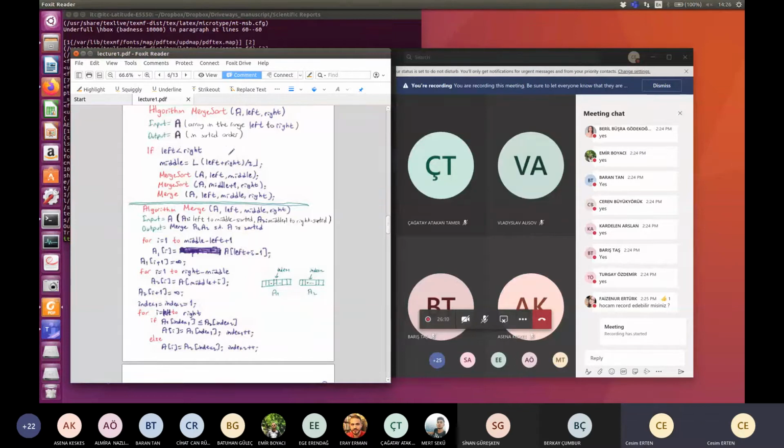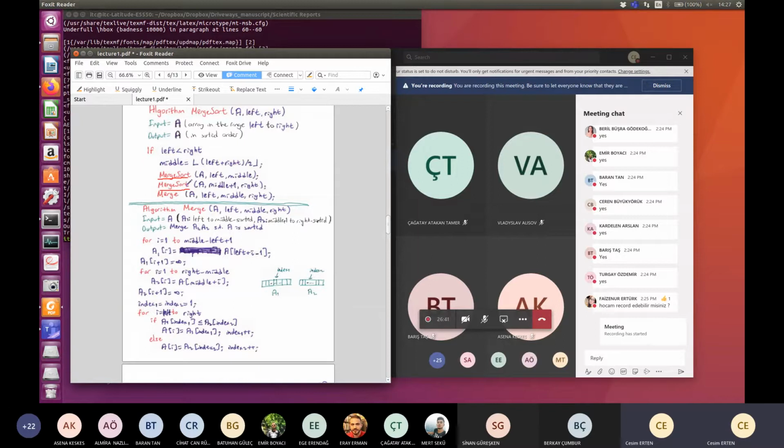Note that the merge sort algorithm by its nature is recursive because we make recursive calls to smaller inputs. In this first call, for instance, we call our merge sort algorithm recursively to sort the left half of our input instance, and in the second one we again call merge sort recursively to sort the right half of the given input sequence.